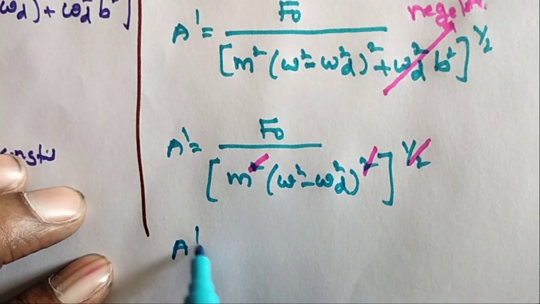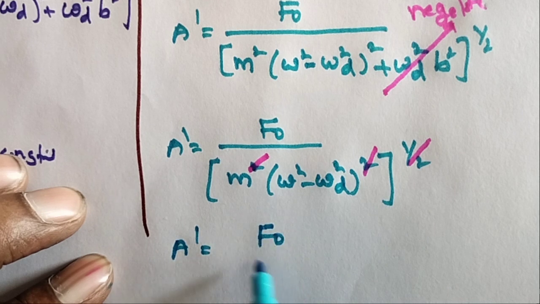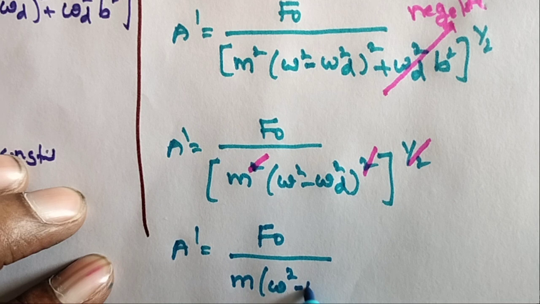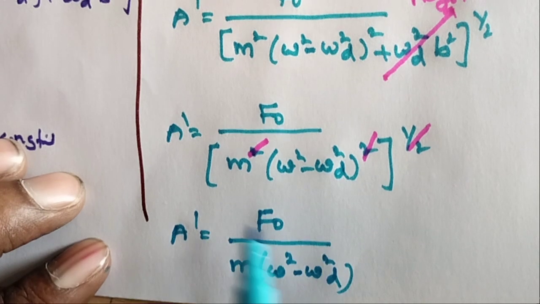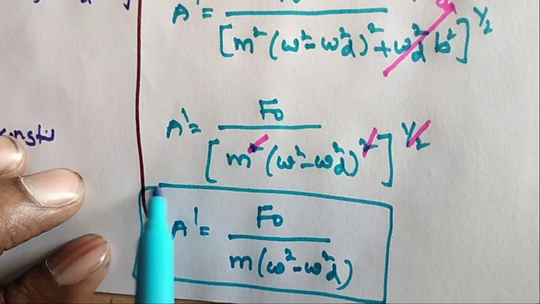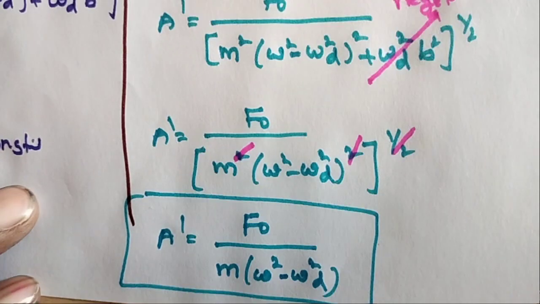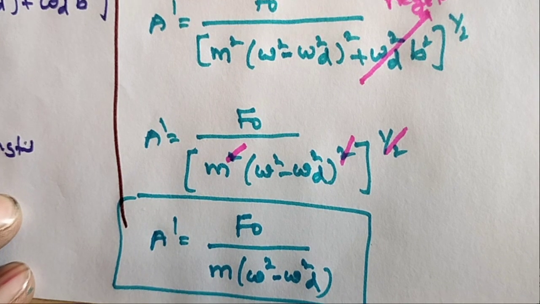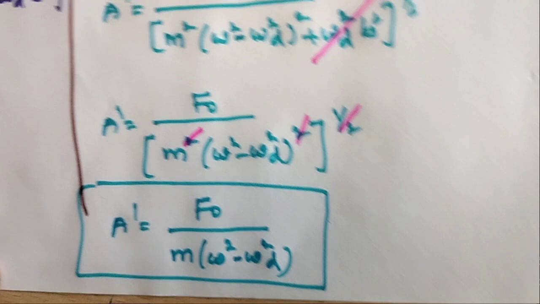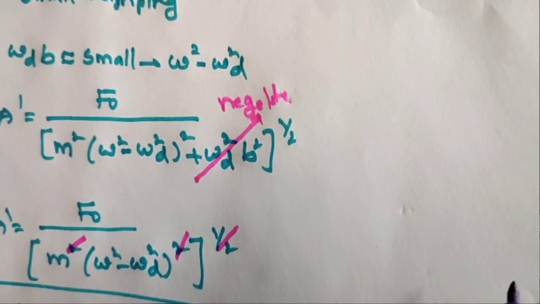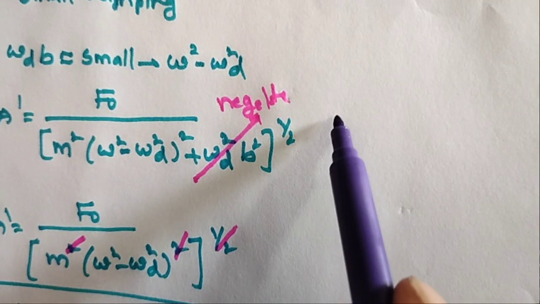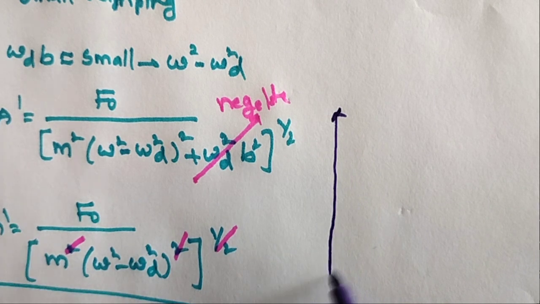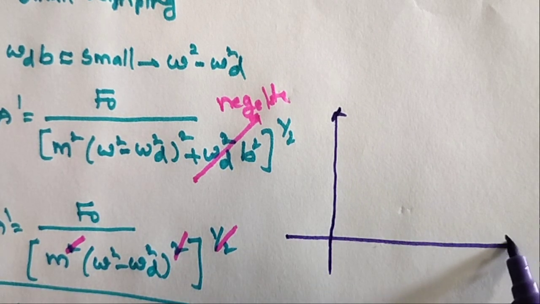A dash is equal to F naught by m into omega square minus omega square d. This is the amplitude equation. So these are the small damping cases, very small damping cases. Here I am taking one graph. It is a very simple graph, right? So I am taking one graph.